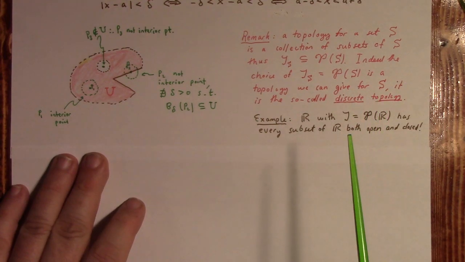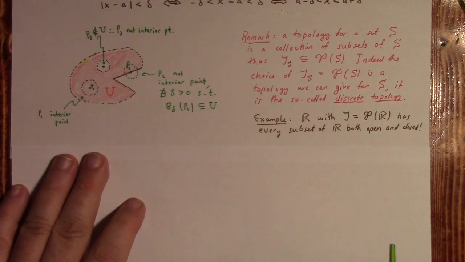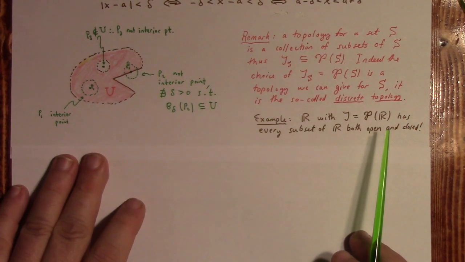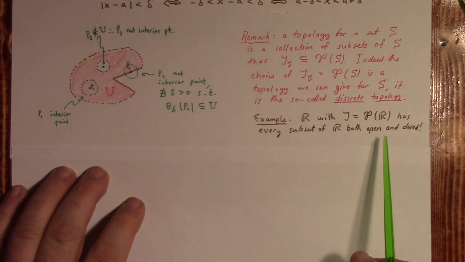So for a given set, there are many different choices of topology. Topology is an additional structure. Declaring what open is an additional structure on the set, which is not defined just by the set itself.